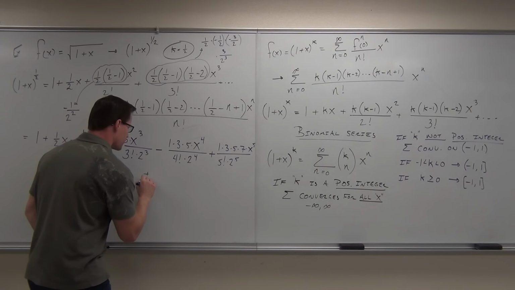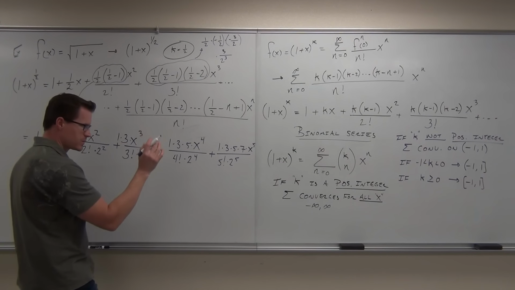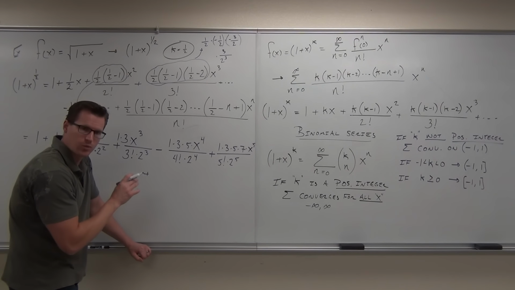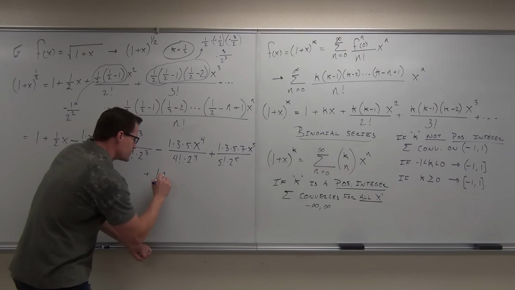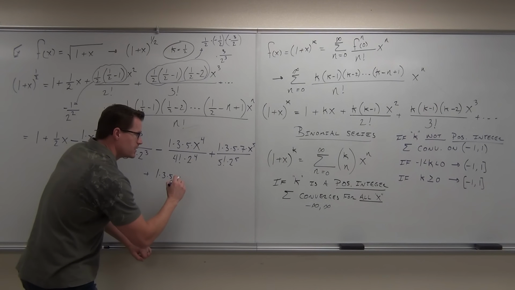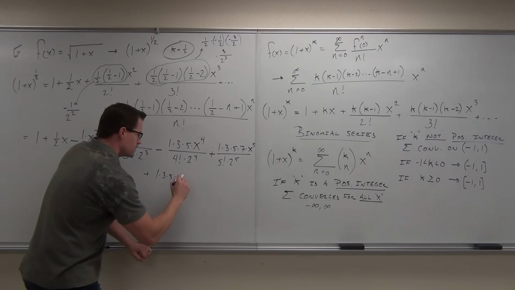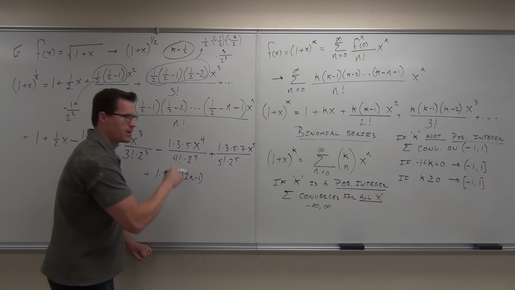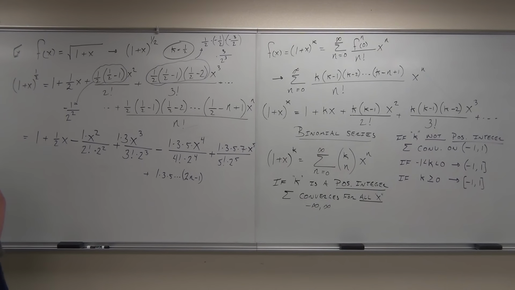The last term, as we end this, there's actually no really good way to write this pattern. It's 1 times 3 times 5. You've got to write that out and then ask, where's it ending? It's ending at an odd number, 2n minus 1.